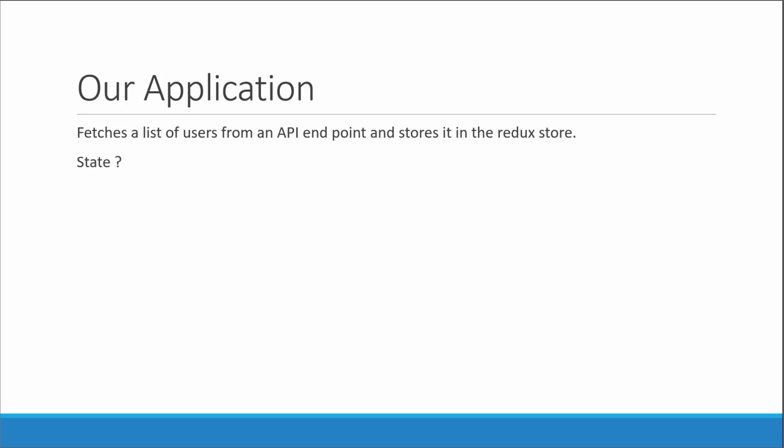The application we are going to build will fetch a list of users from an API endpoint and store it in the Redux store. Let's try to get an idea of how our state is going to look like, what are the different actions, and how the reducer would work.